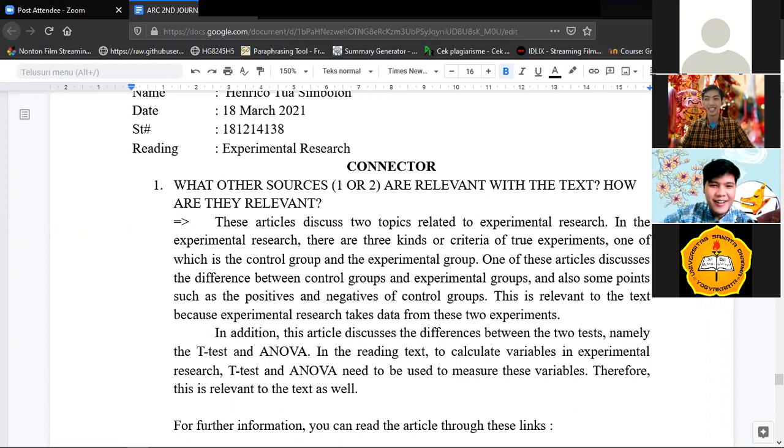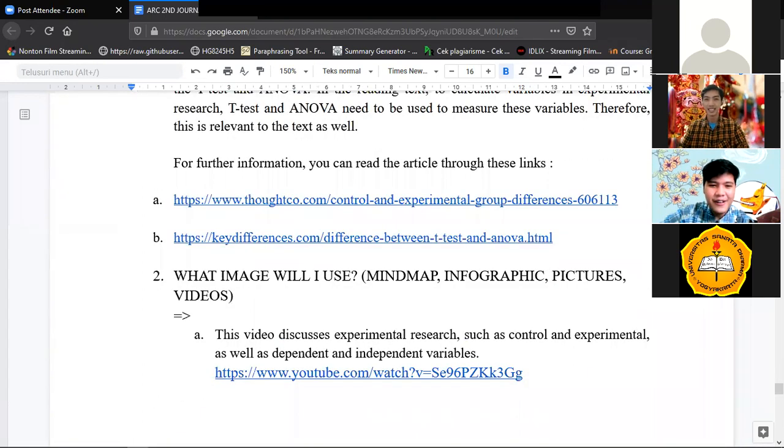Okay, so I found two sources. Can you scroll it down, Alpha? So I found two sources. These articles discuss the differences between a control group and experimental group, and are relevant to the text. And the second article is about the difference between t-test and ANOVA. So you can read these articles through these links. And then I use a video from YouTube.